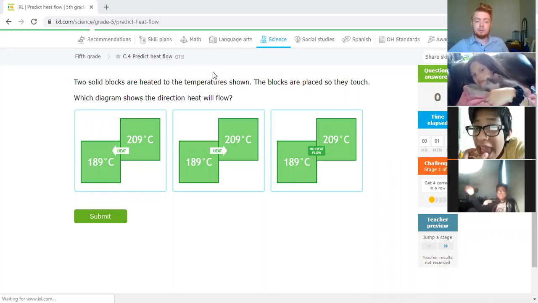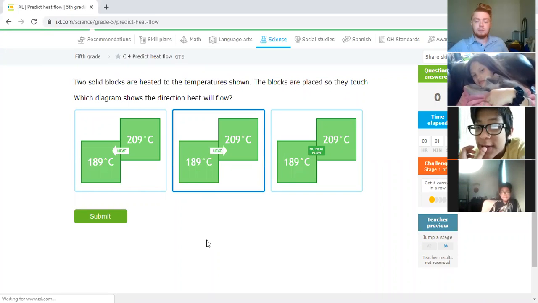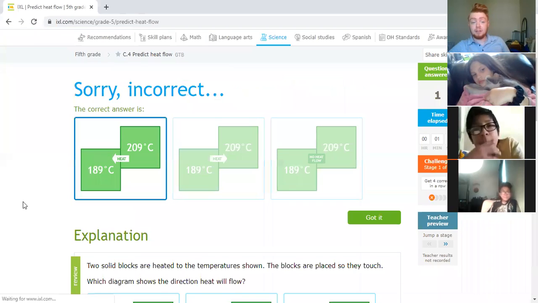Yeah, the middle one. So we go from this one to that one. Let's find out. This is learning because it usually gives us a little lesson, but it didn't today, so that's weird.